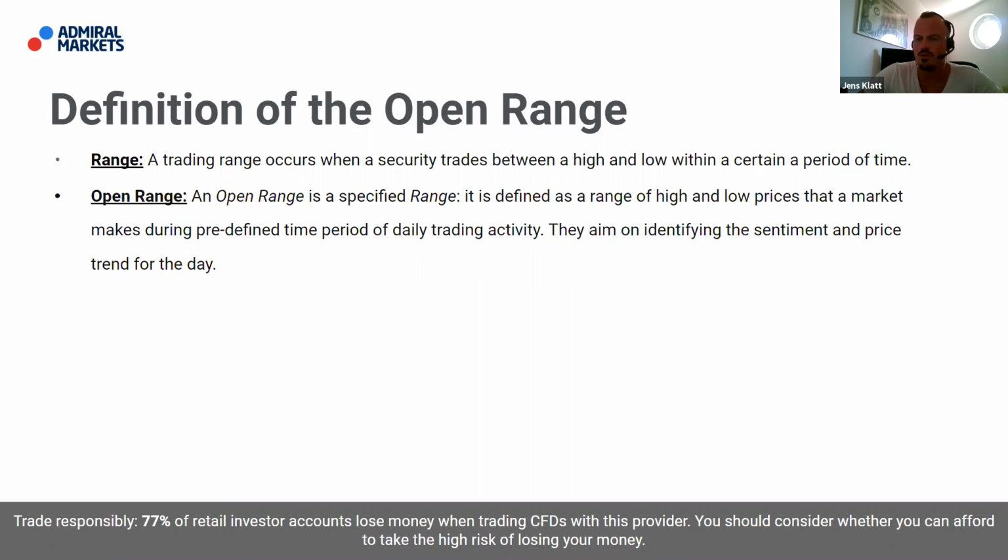Then you wait for the first 45 minutes for the market to make a high and a low, and then the idea behind an open range breakout is you say, if we break out in direction of a pre-identified advantage, we expect the market to trend in direction of this breakout over the day.